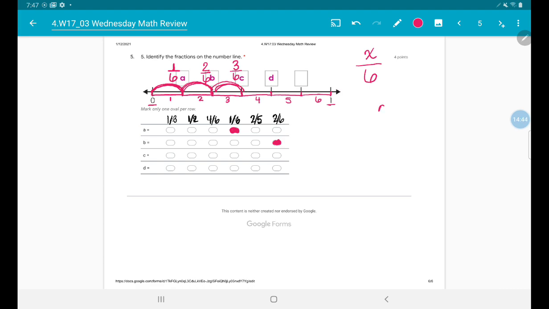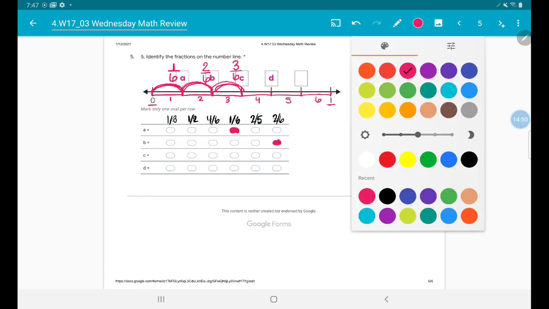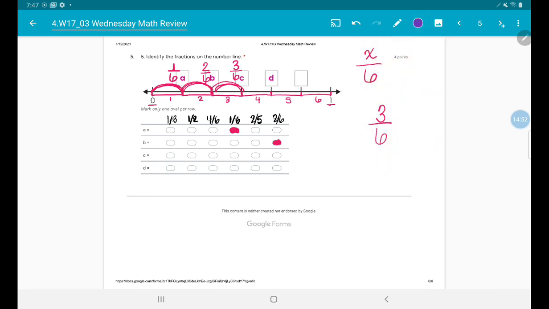So if I think about 3/6 and I visualize that on my number line, I've got from 0 to 3/6 right here.